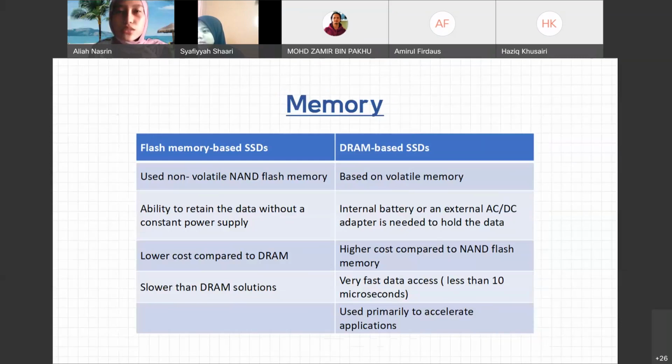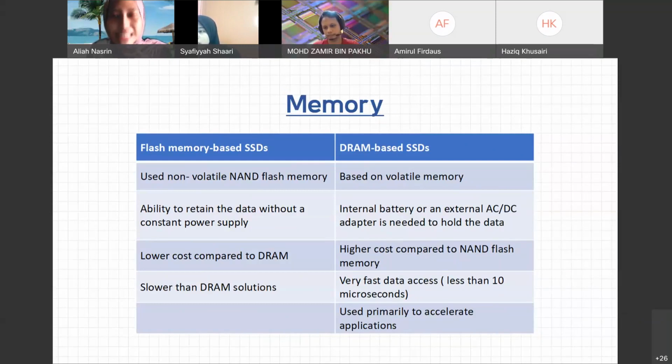So the next component is memory. There are several types of memory, which are flash memory, DRAM, and 3D XPoint. But mainly, I will focus on flash memory and DRAM based SSD. Flash memory based SSD is manufactured using non-volatile NAND flash memory. Non-volatile is a type of memory that can retain or store information even after the power is removed.